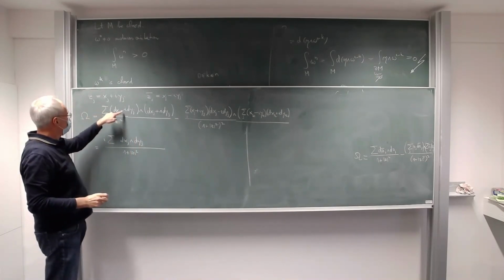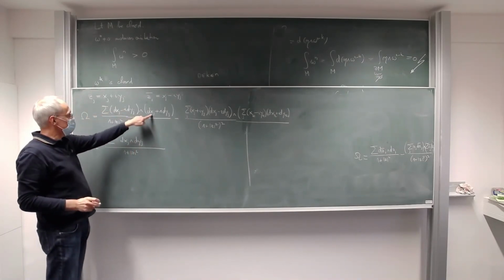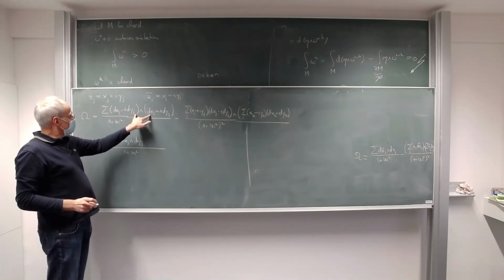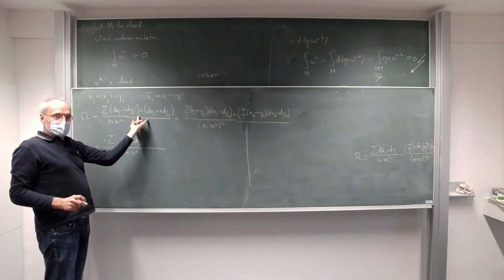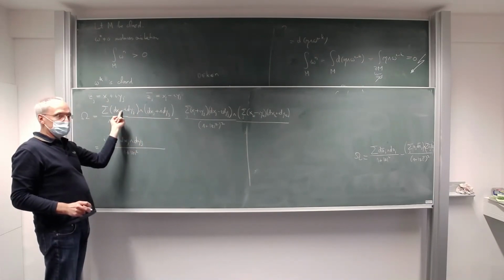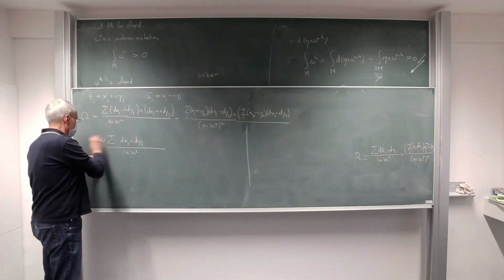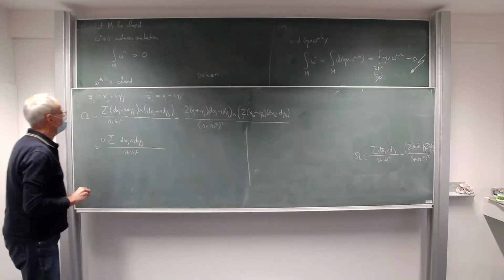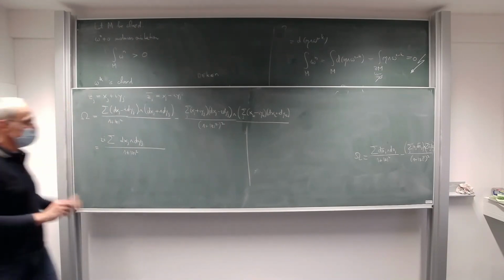And then we have minus i dyj wedge dxj, but if I interchange the dxj and dyj, I get back to this one, and the minus sign becomes plus, so I get 2 times this one. So that's the first thing.